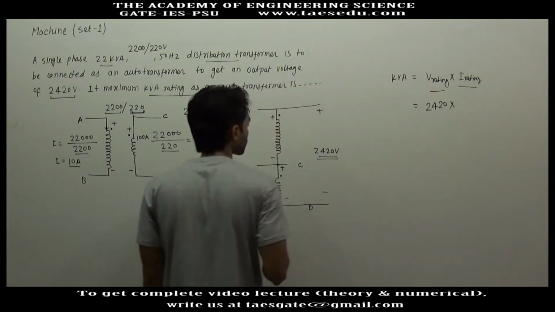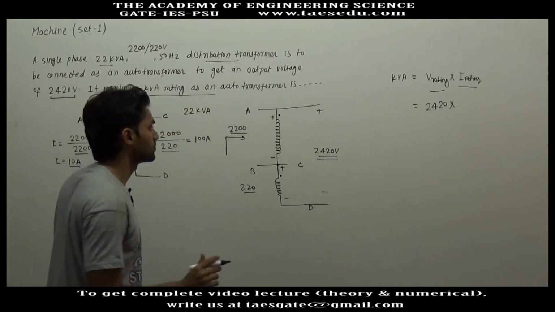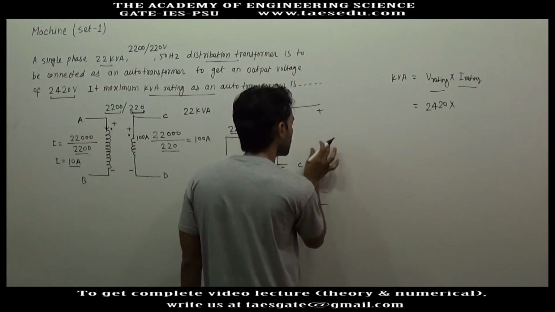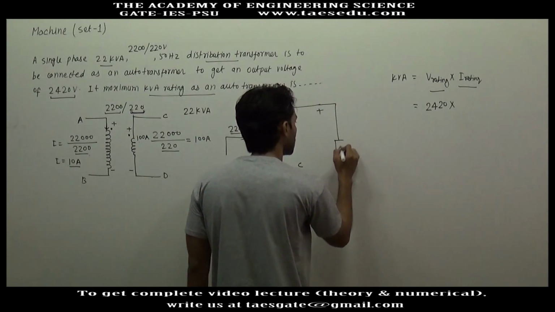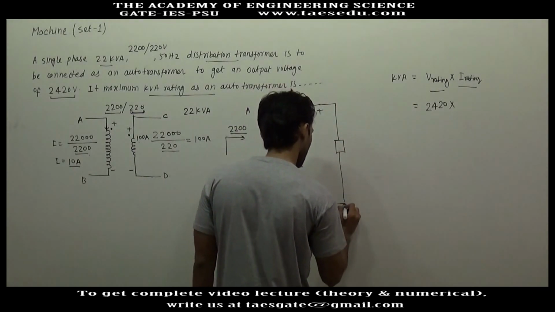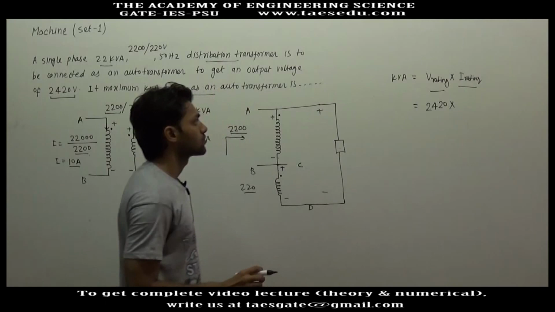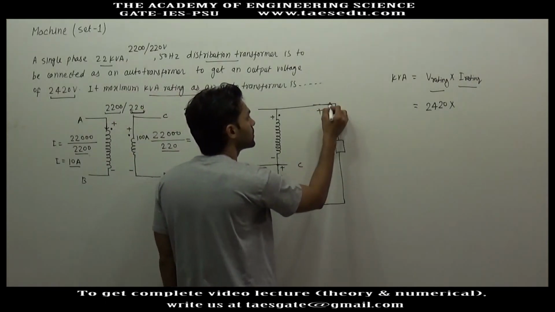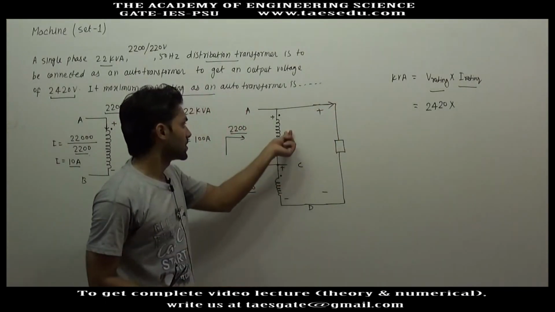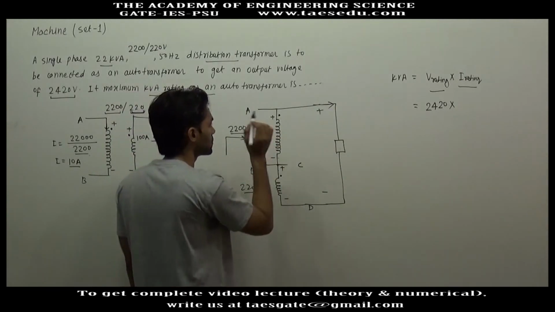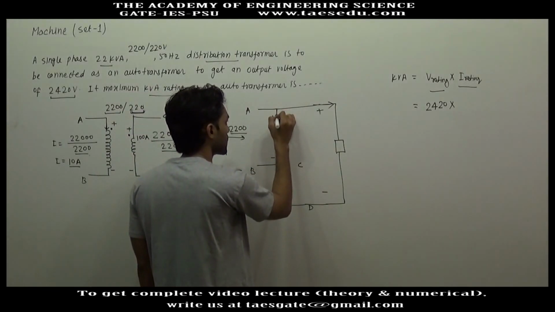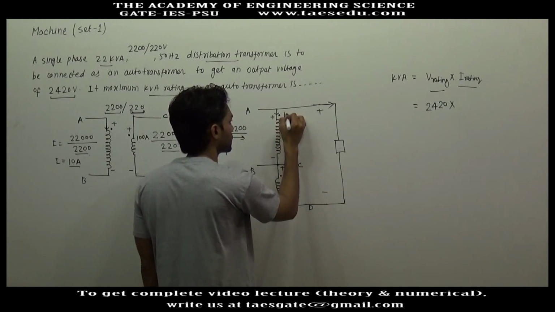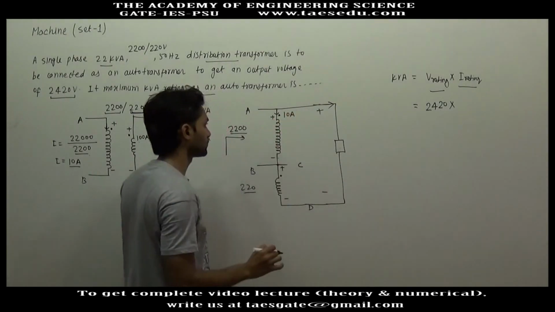And what will be the maximum current in the load? Let us connect a load here. The current rating of the load will be limited by the current rating of the winding. So let us assume the maximum current is flowing in this winding. This is 10 ampere.